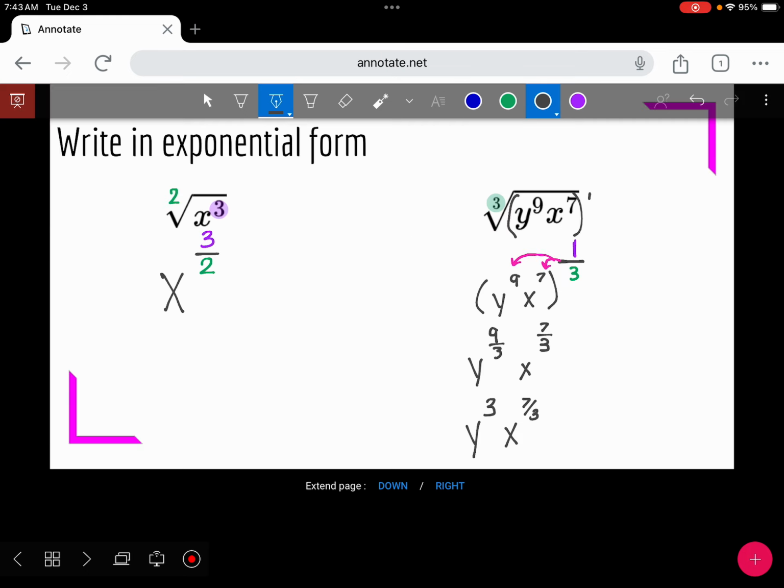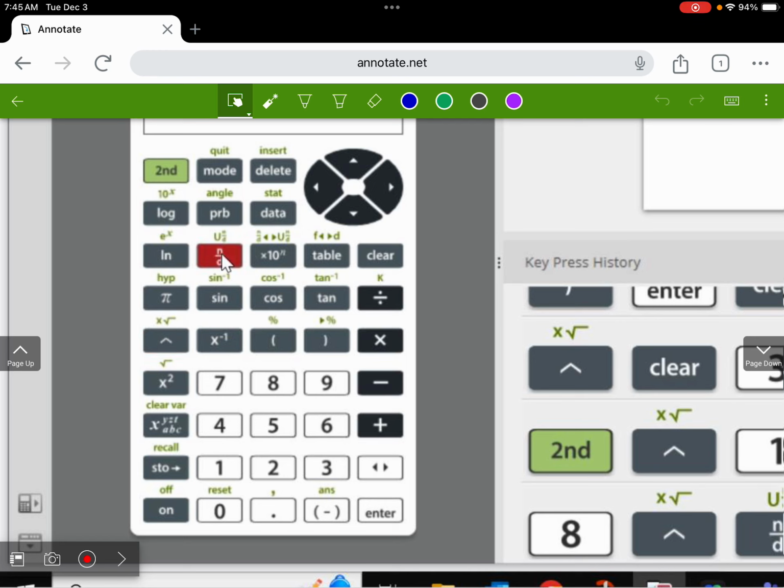That puts me up into the exponent. If we're in our exponential notation, I can put in the fraction up there, 4/3, as a fractional exponent just like that. And hit enter, and we get 16.